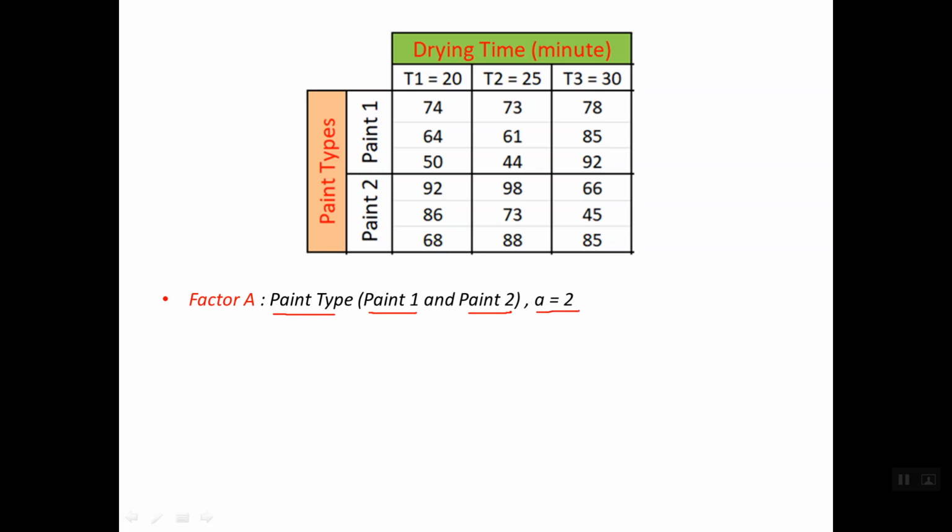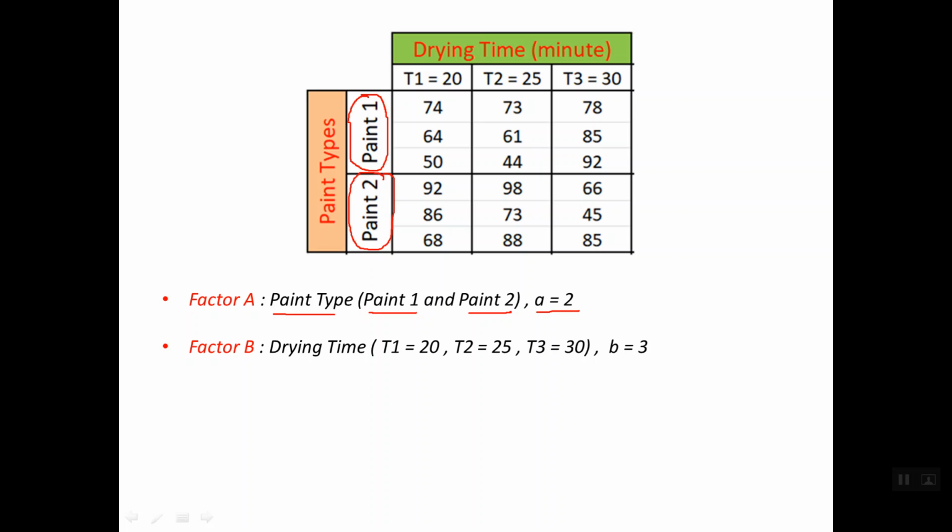So two levels means A equal to 2. So A1 means paint 1 and A2 means paint number 2. So this is the details for the first main factor, factor A, which is the paint type.